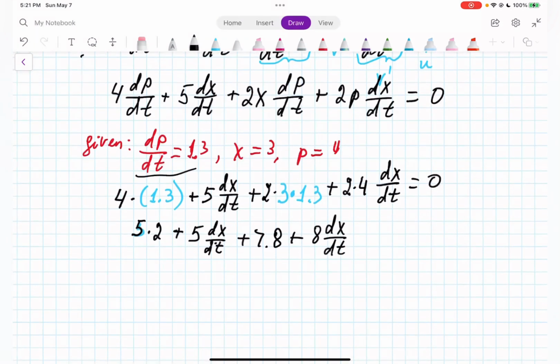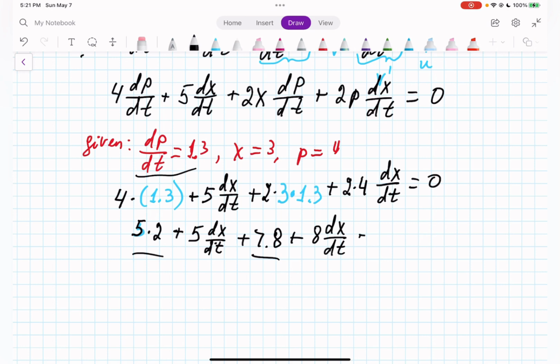So 7.8 plus 5.2, like terms, is precisely 13.